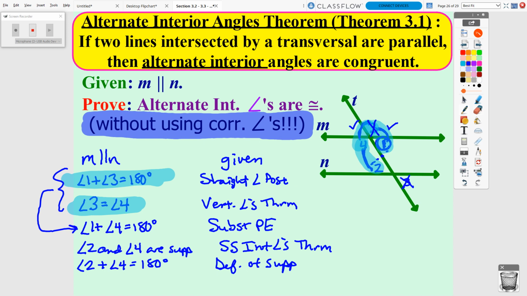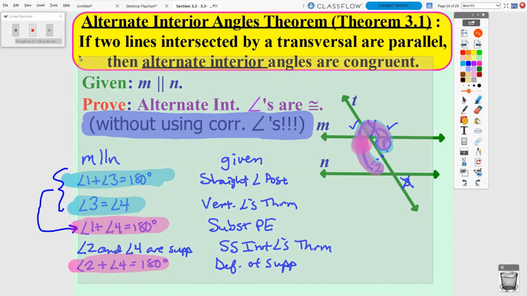And so now it's time for round 2 of substitution, because originally I connected 1 with 4 in that last round, but now it's time for 4 and 2 to come together. Between 1, 4, and 2, who's the middleman? You can see right here, angle 4 is the middleman. So now we're going to grab my highlighter again and take this new substitution piece, angle 1 plus angle 4 equals 180, and angle 2 plus angle 4 adds up to be 180, and bring them together.